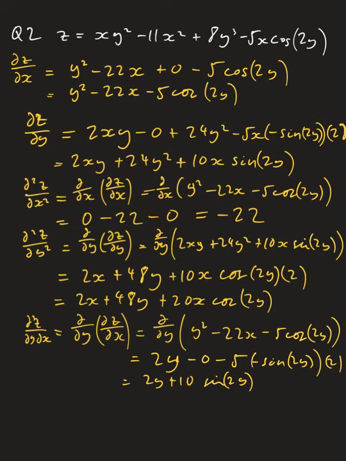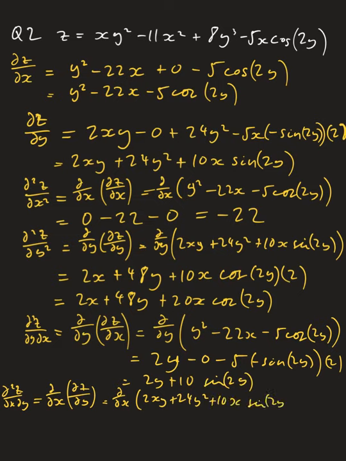And just for one last check, I'll do it the other way. The other way would be to go first with respect to y and then with respect to x. So that would be ∂/∂x of ∂z/∂y, which we got above. It's 2xy plus 24y squared plus 10x times the sine of 2y.